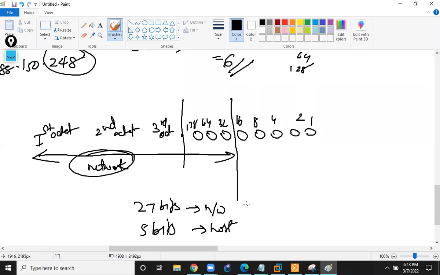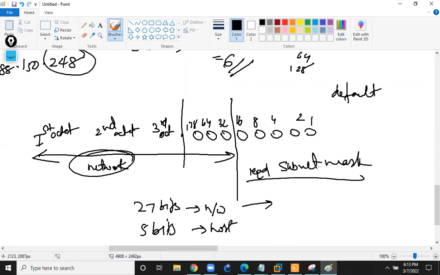If 27 bits are for network and 5 bits for host, let us find the subnet mask value. Previously we wrote the default subnet mask, but now we have subnetted based on our requirement. So there is a new subnet mask, and that is called the required subnet mask.